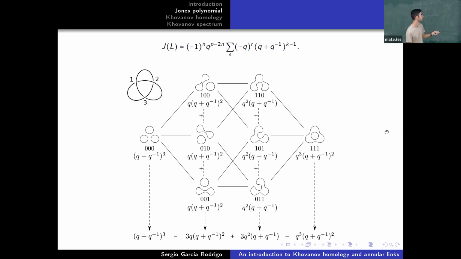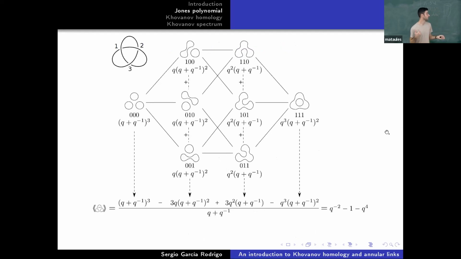So here with 3 circles, we have a 3, here we have 2, 1, and 2, okay, and so on. Then we just do the sum by columns, and then we take the alternating sum, so we satisfy this minus sign that appears here. And basically that way we compute the polynomial.